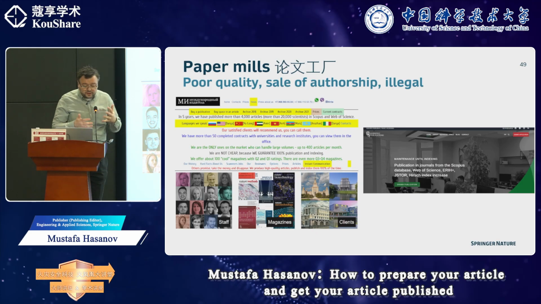And why are paper mills such a big problem? Simply because those types of people, those types of organizations, know how to manipulate the peer review process. They know how to manipulate the journals, let's say. And if Clarivate or Scopus or we find that something is irregular, this most of the time leads not only to papers being removed and retracted, but also to the journals being delisted from the indexing services.